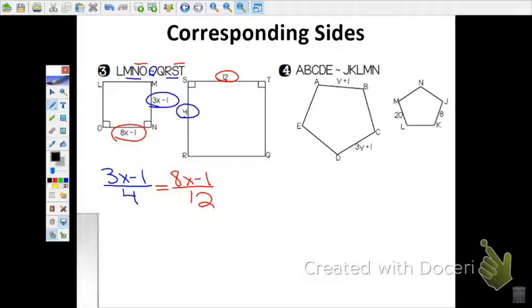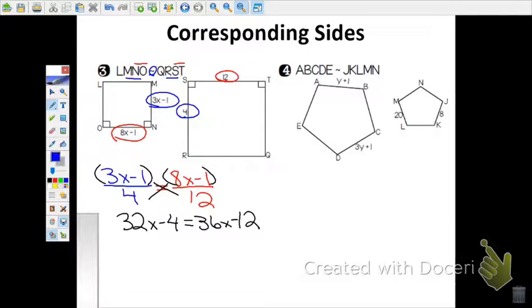So I have a proportion. I'm going to cross multiply. When I do so, I have to distribute. Okay, so if I take 4 times 8x minus 1, I get 32x minus 4 equals 36x minus 12. I have to make sure I distribute.